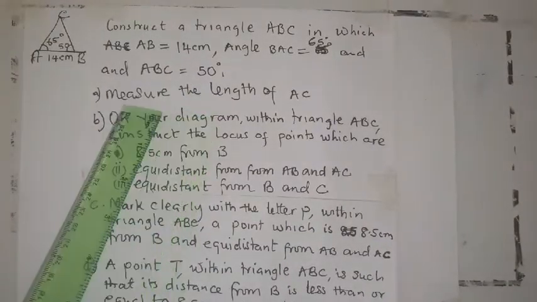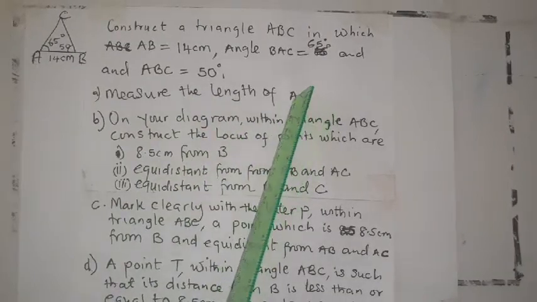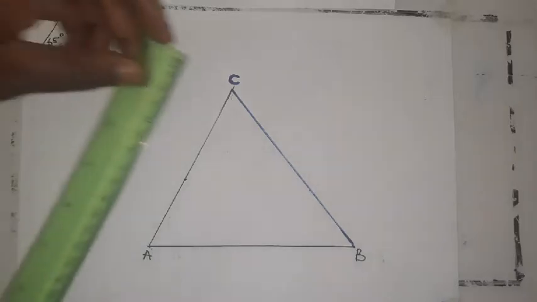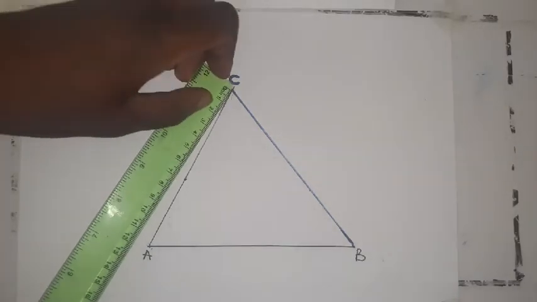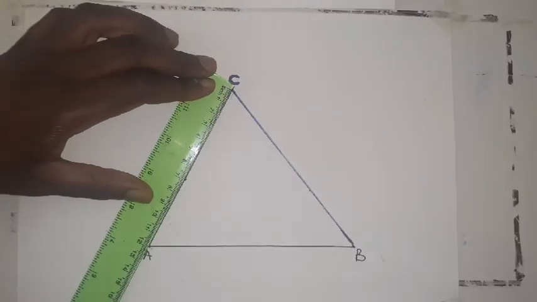Now, the question that we are looking at is measure the length of AC, from A to C. What is this length? So we put 0 on our C there and come to B, 12.